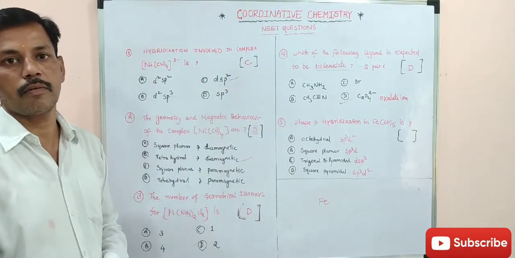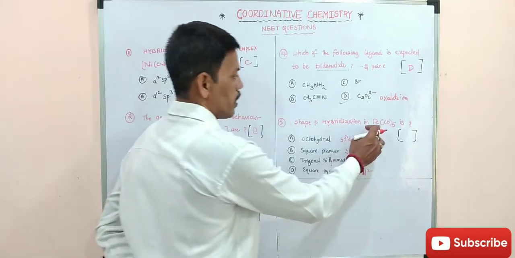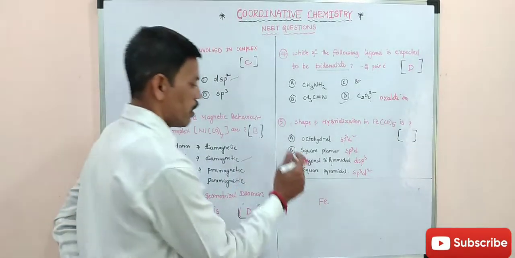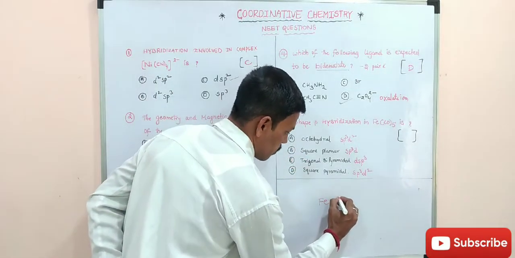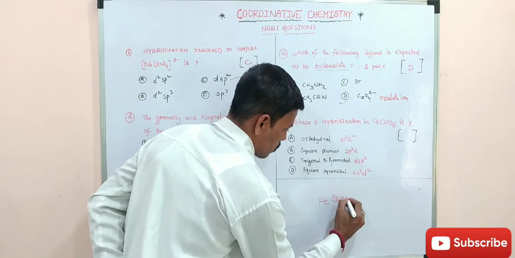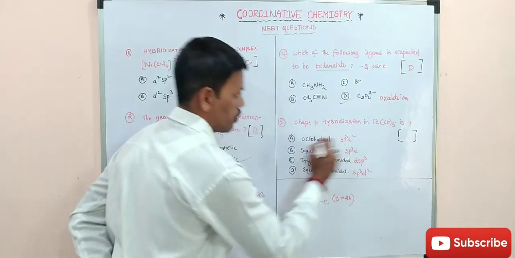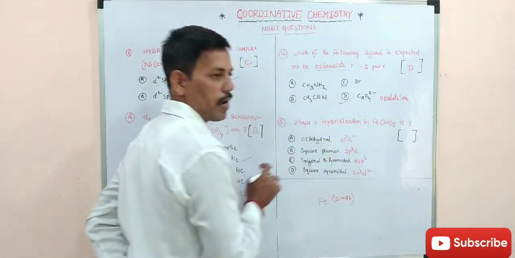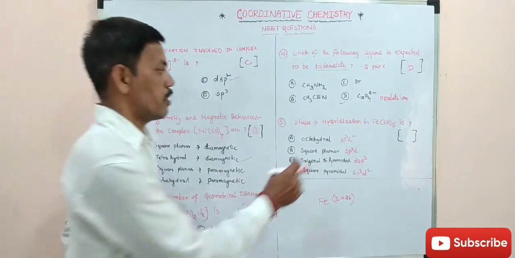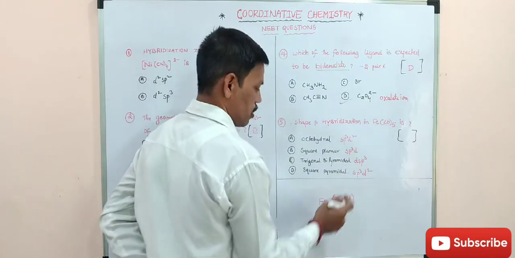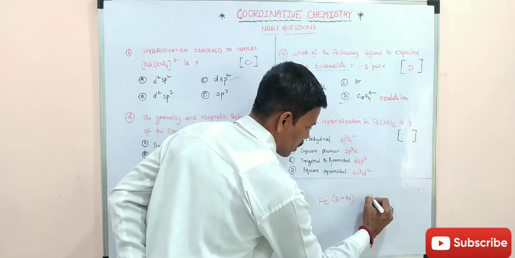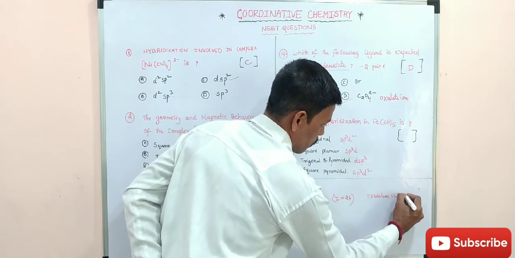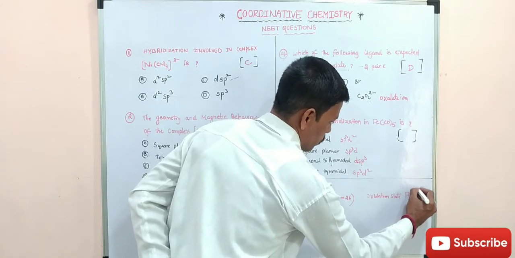If you see here, in iron the hybridization is concerned. Iron, Z is equal to 26. There is no charge on the given complex. So the oxidation state of iron is 0.